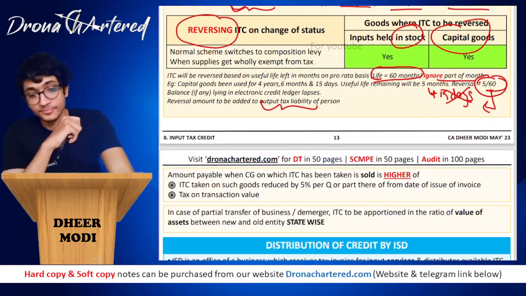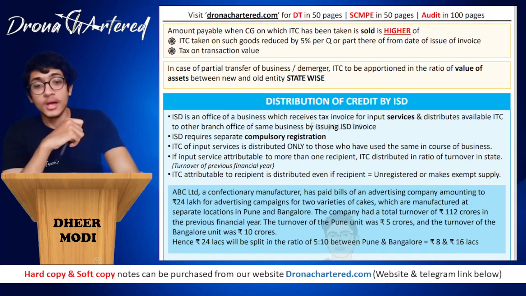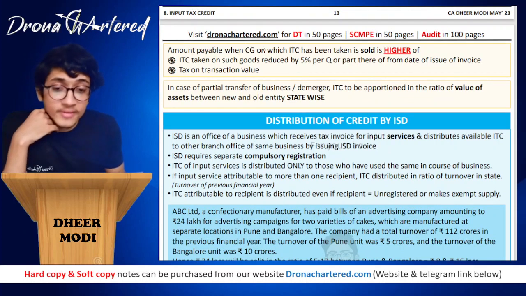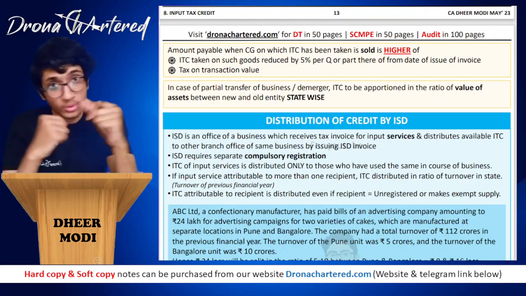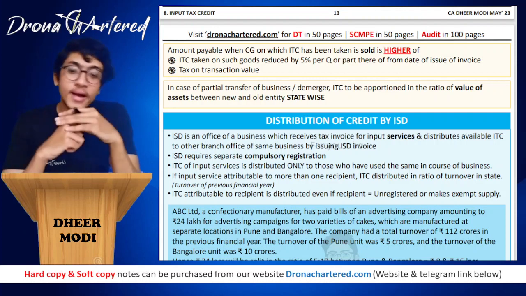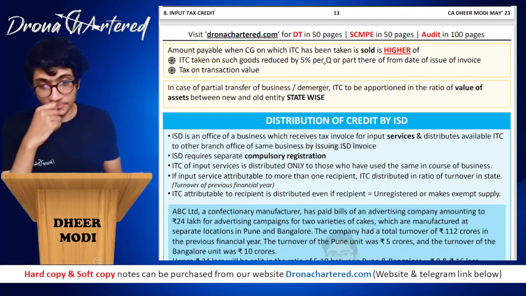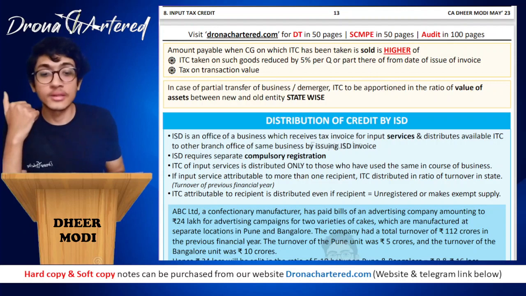And coming to your last part of the chapter, that is amount payable. Amount payable when capital goods on which ITC has been taken is sold. For example, you purchased some goods, you paid GST on it and you claimed ITC. Now what happens when you sold this good? Okay, so when this capital good has been sold, what happens in such a case?